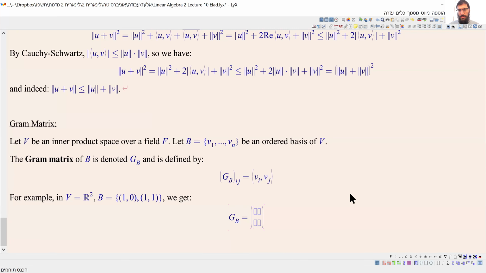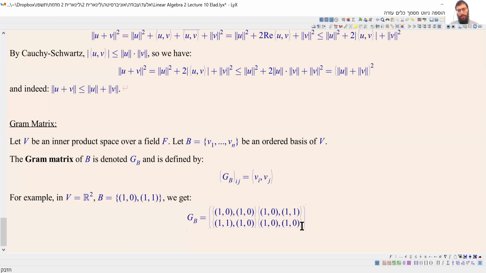Here it is the product of (1, 0) with itself. And here is the product of (1, 0) with (1, 1). And here it's vice versa, (1, 1) with (1, 0).